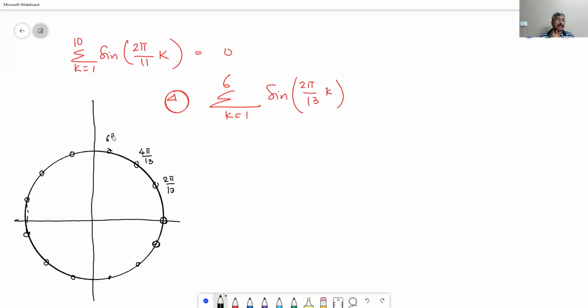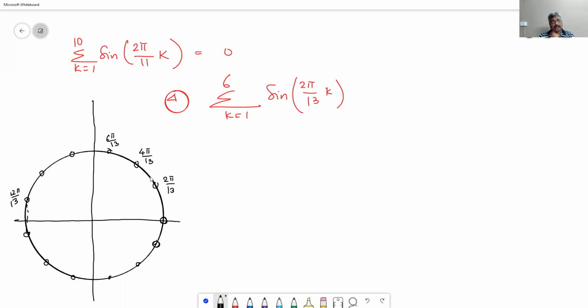This is 6 pi by 13. What are we supposed to find out? We are supposed to find out 2 pi by 13, 4 pi by 13 plus 6 pi by 13 plus up to 6, 8, 10 and 12. This is 12 pi by 13.